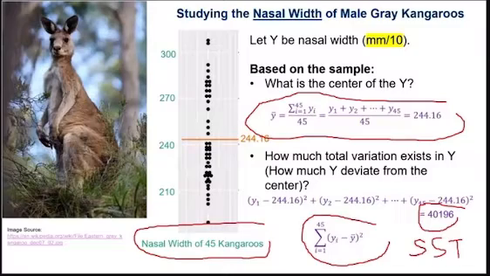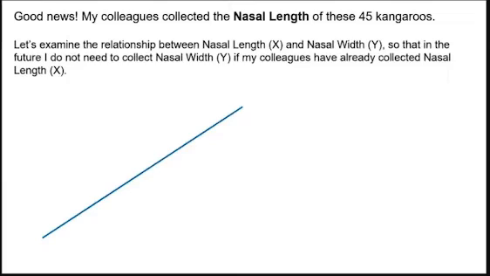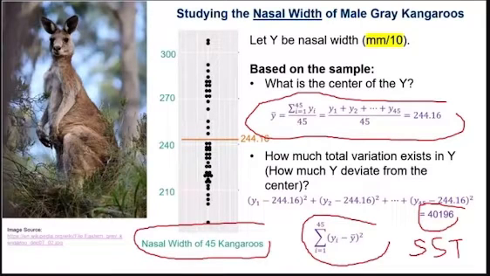Now the next thing we want to do, let's say there's good news. What is the good news? Maybe my colleague collected the NASA length as well. I only worked on NASA weight, and somebody else still collected information from the same animals, the NASA length.